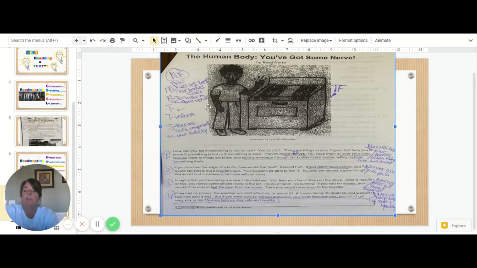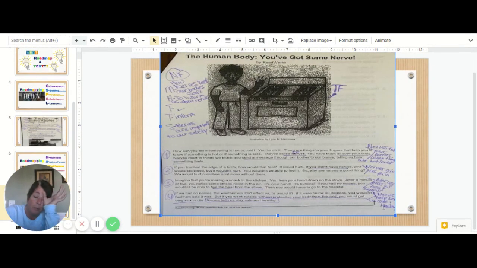The text structure was to inform or to teach us, and then the slant, the nerves are important to our safety. So the author's slant was to show us how nerves were important to our body and to our safety. So that is how to roadmap both fiction and nonfiction text.